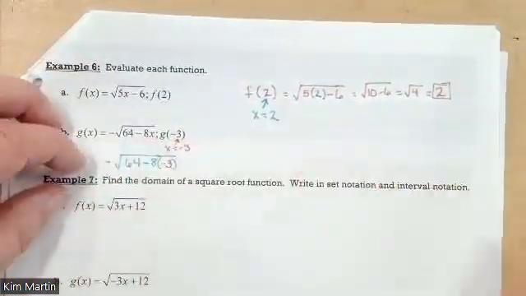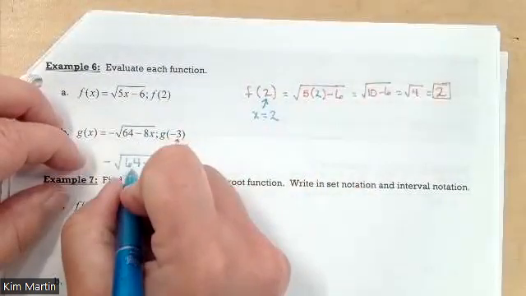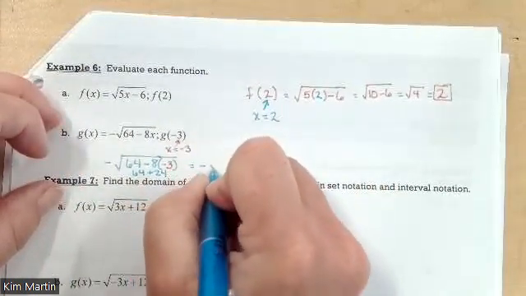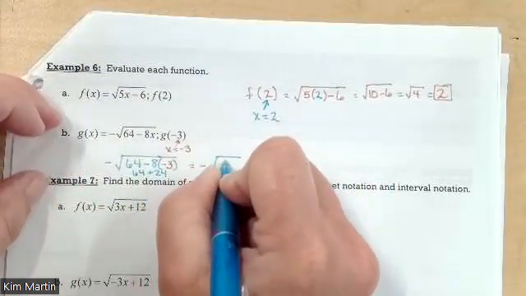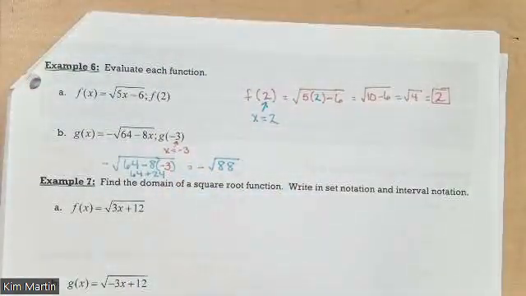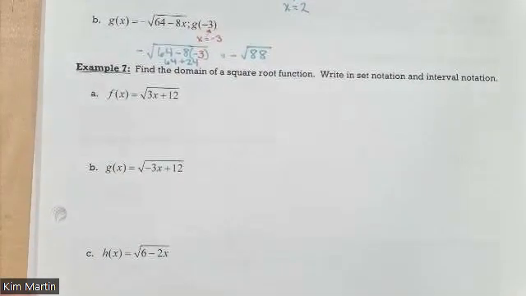So that is, underneath that radical, 64 plus 24, which now we have the negative square root of 88. Okay, I am going to leave my answer that way for now because our directions do not say to round. But those of you that know how to simplify radicals, that's a bad way of writing our answer. We'll get to it. We're just not there yet. But for right now, that's what that means.